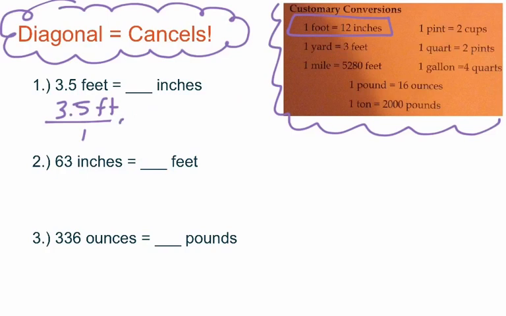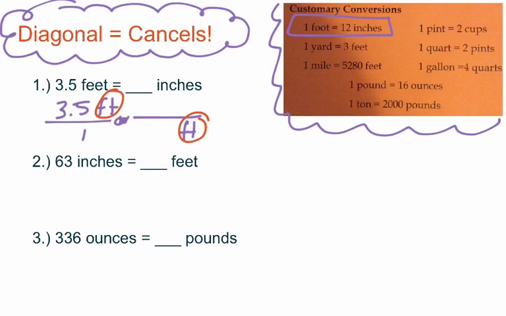I'm actually going to put a multiplication sign because remember we're using our identity property and we're going to multiply by 1. So, what are we going to multiply by? Well, we don't want it to be in feet, we want it to be in inches. Since feet is on the top in our first one, we're going to put it on the bottom of this second one because diagonal cancels. And we want to cancel out the feet and get it into inches.